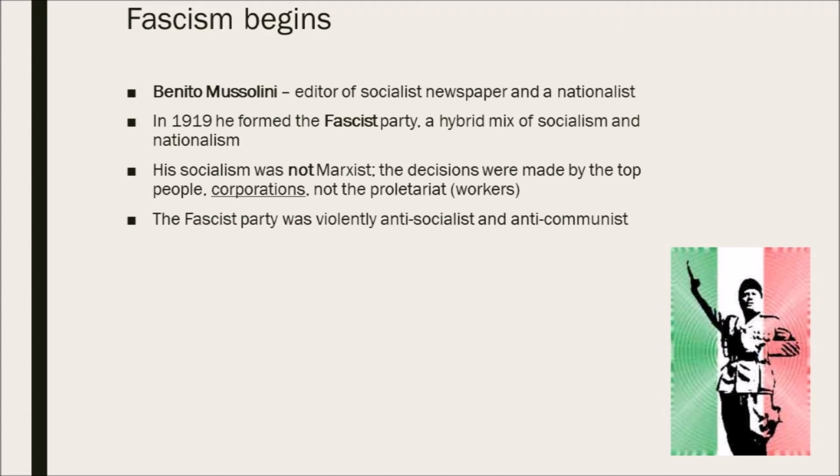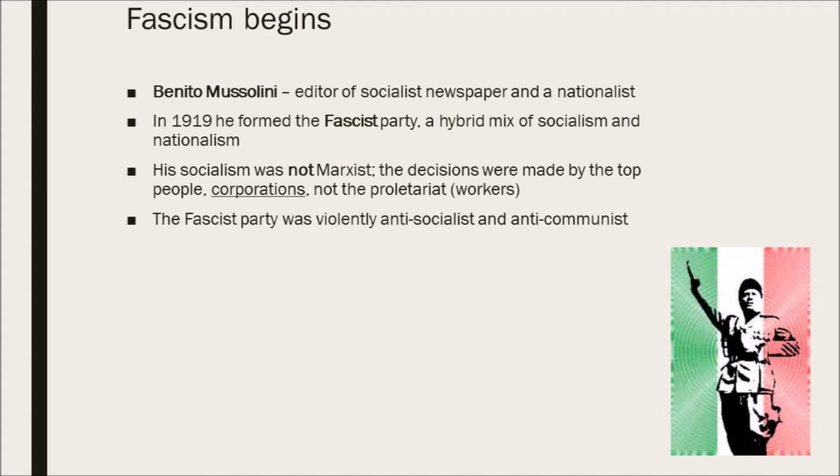Now, the Fascist Party, just like the Nazis for that matter, really disliked Marxist socialism and was anti-communism. Karl Marx had said that when socialism evolved, it would become something called communism. So anyway, this is the leader of Italy.